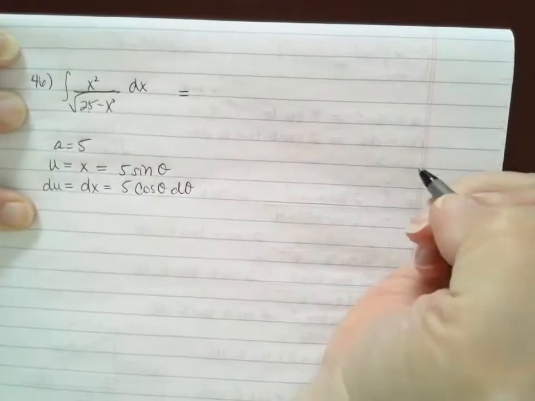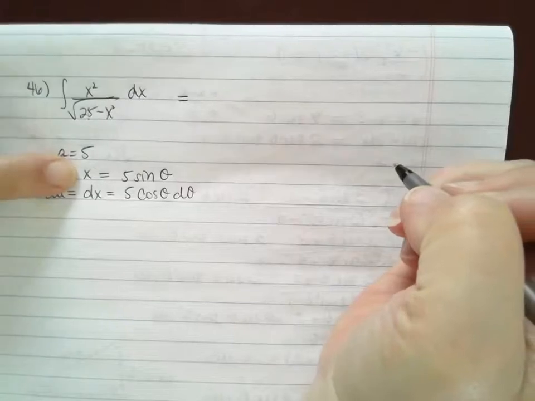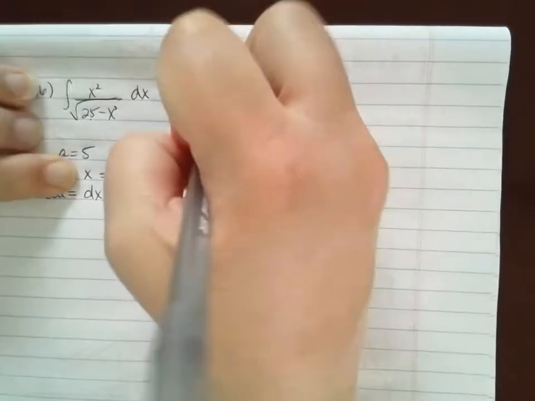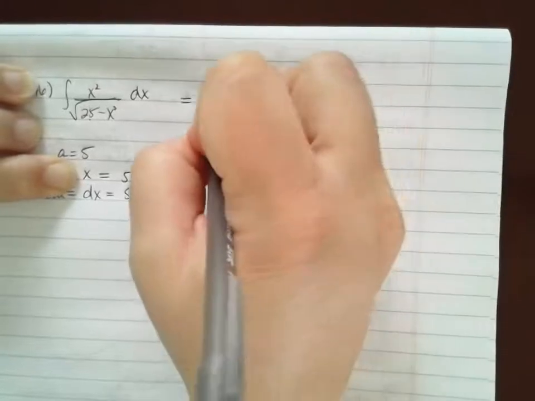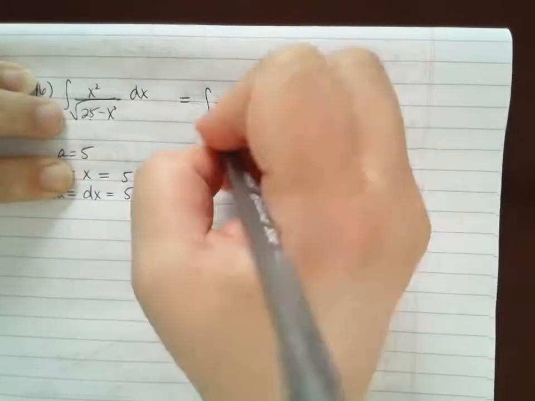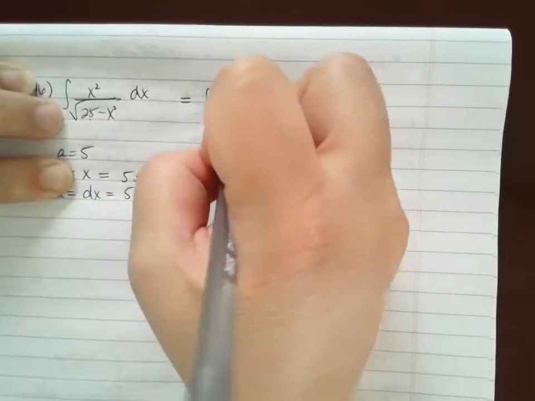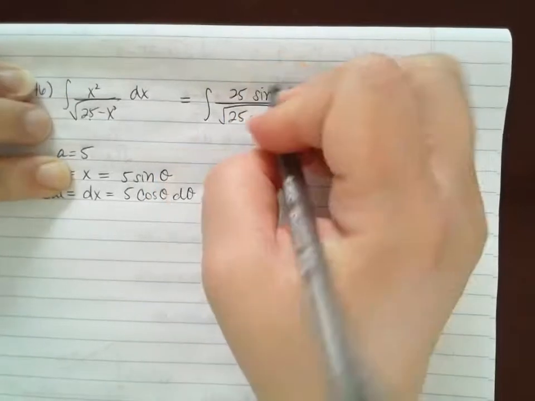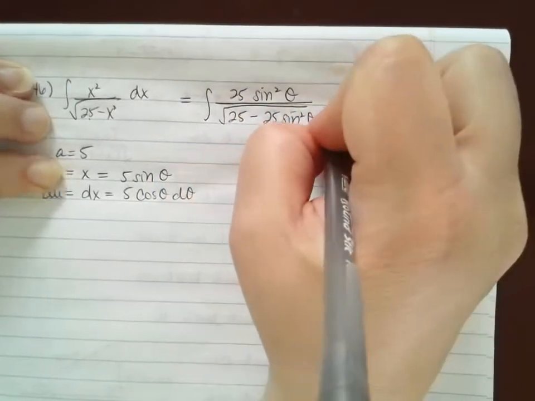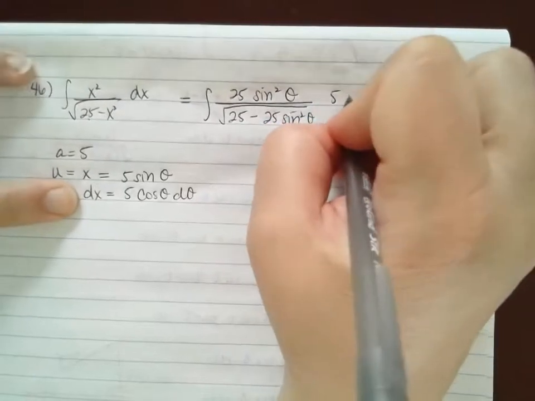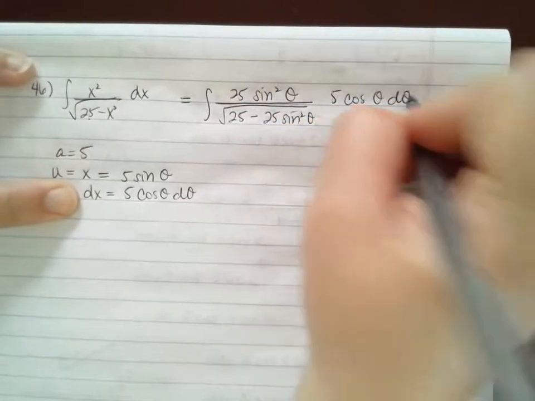Subbing out what I have, I'm going to take x squared and make it 25 sine squared theta. I'm going to take the square root of 25 minus x squared, which is 25 sine squared theta, and my dx is going to get replaced with 5 cosine theta d theta.